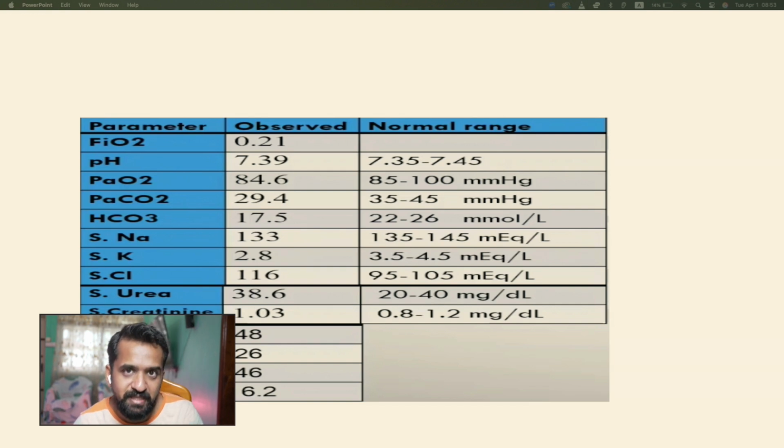This is a curious case of low anion gap, which means there are 2 possibilities. Either this person has multiple myeloma, or the person has lithium toxicity. That's only when it happens.